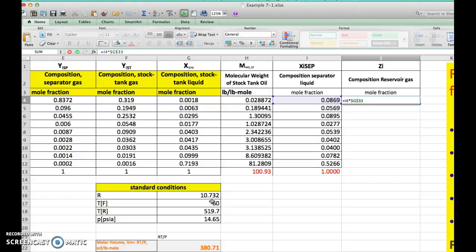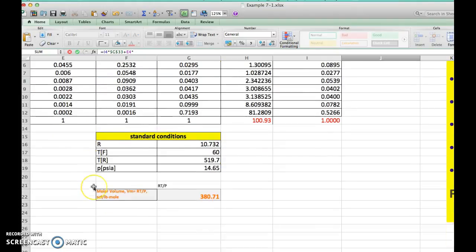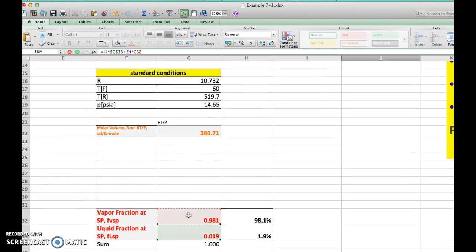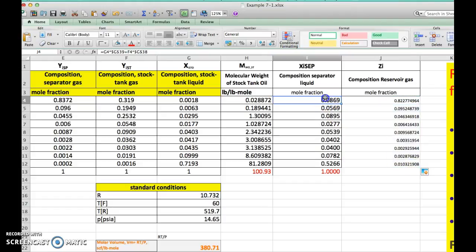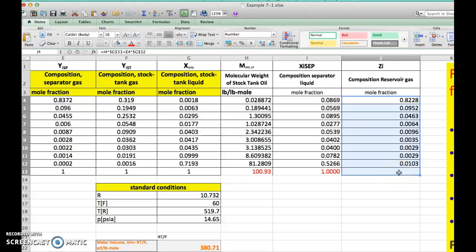I'm going to make this constant, putting dollar sign around the cell, plus the Y value at separator multiplied by the fraction of vapor. Okay, and then again I will drag this down, and let me copy the format of cells here. Okay, and also the summation should be 1, which is okay.